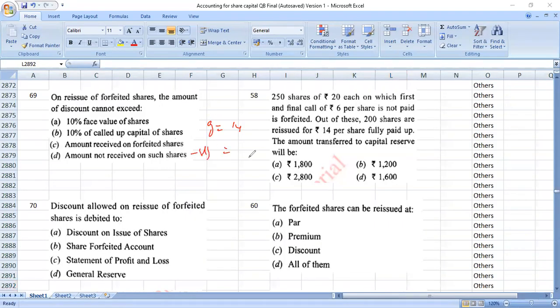Loss on reissue எவ்வளோன்னு பார்த்தீங்கன்னா 6 rupees per share, ஏன்னா 20 rupees shares 14 rupeesக்கு reissue பண்ணியிருக்காங்க. So gain on reissue எவ்வளோ? 8 rupees. 8 into 200 is 1,600. Now only 200 shares in reissue.